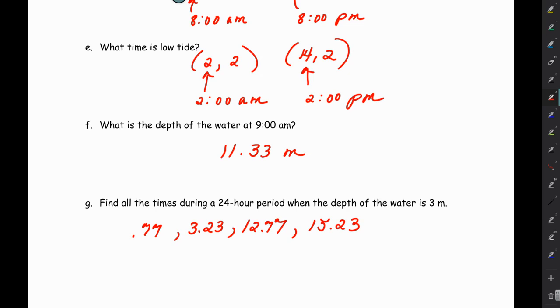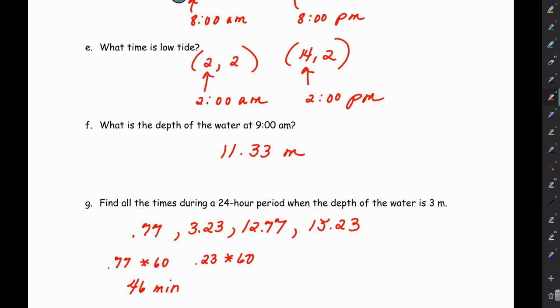And the question is asking find the times. So 0.77, we want to know at what minute that is. So we need to do 0.77 times 60 because there's 60 minutes in an hour. So that means the first time happens at 46 minutes. We know the next one is happening at 3, and then 0.23 times 60 to find the minute after 3 o'clock.